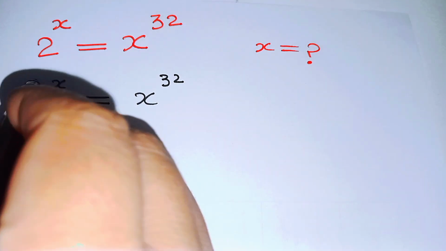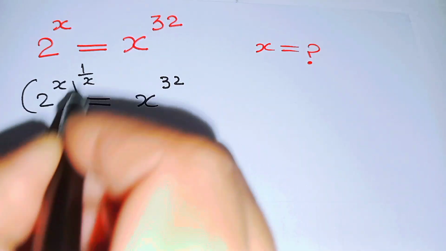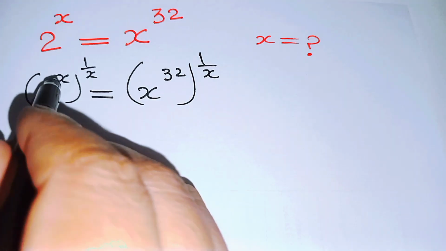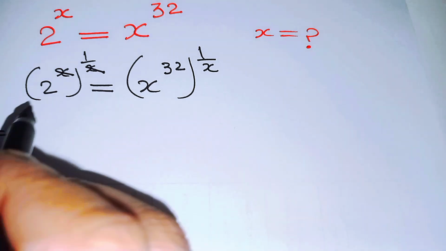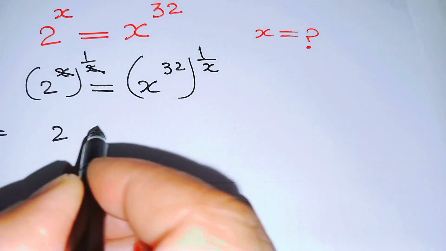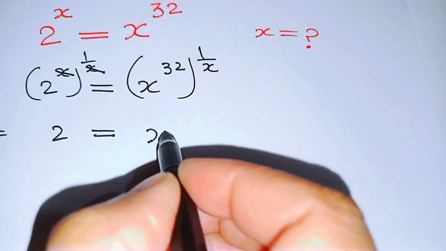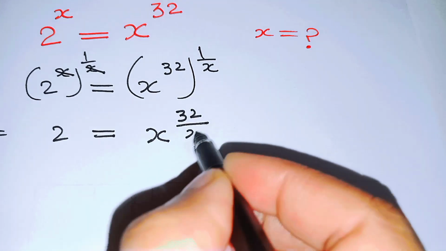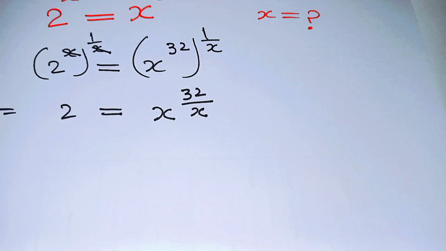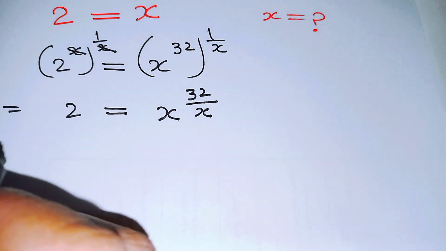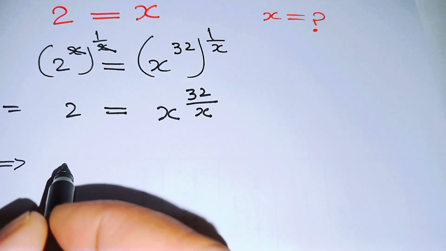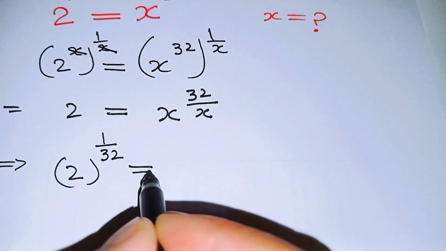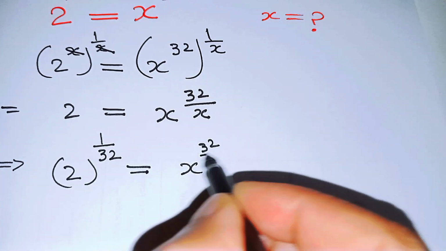Now we take powers on both sides, we take 1 over x, and here the x cancels out, so this 2 is equal to x to the power of 32 over x.